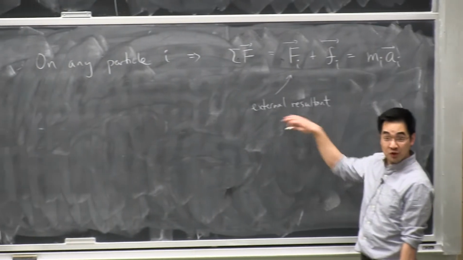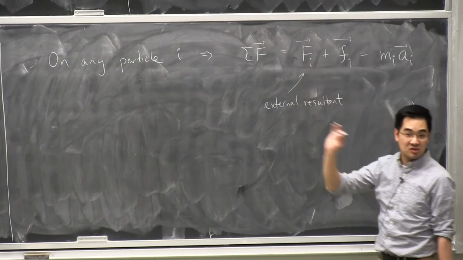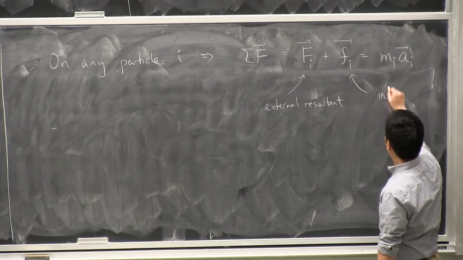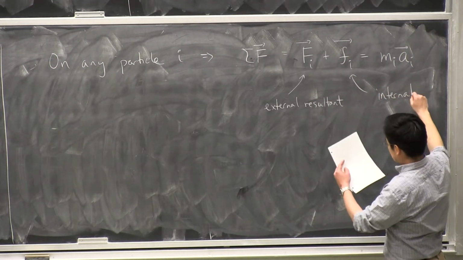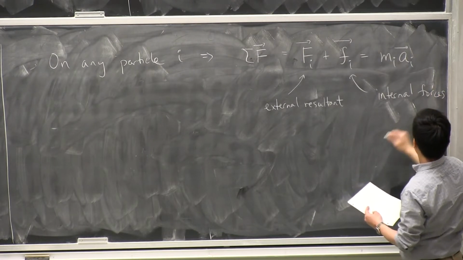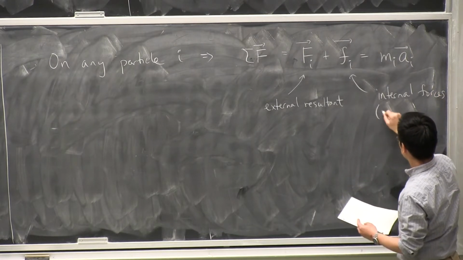Those are external forces, and all of those get lumped into my capital Fi. My little fi is actually all my internal forces, my internal resultant force.